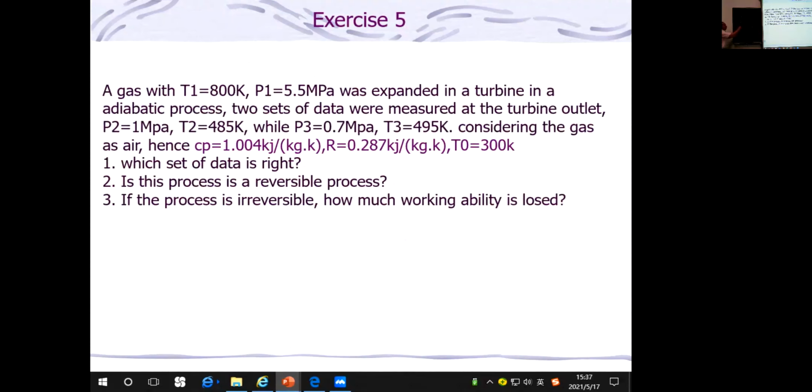This is from here. CP is here. Okay, maybe I write it here. Maybe it's like this one.